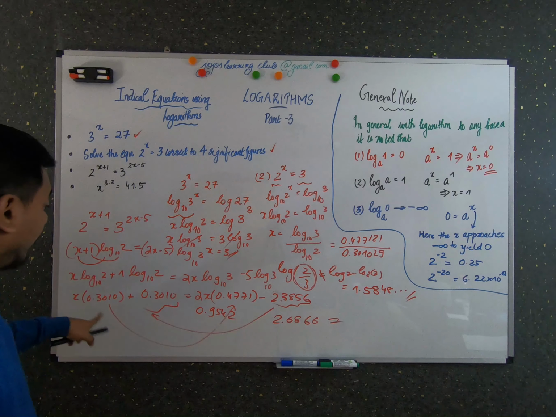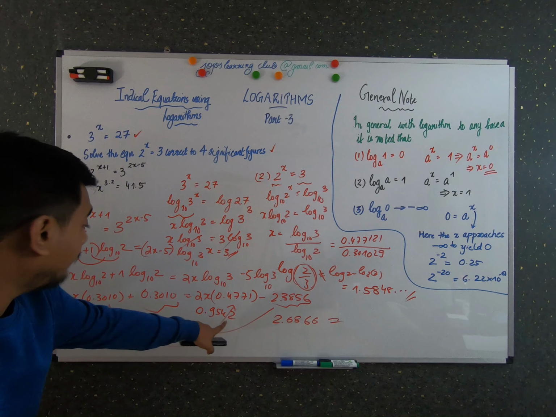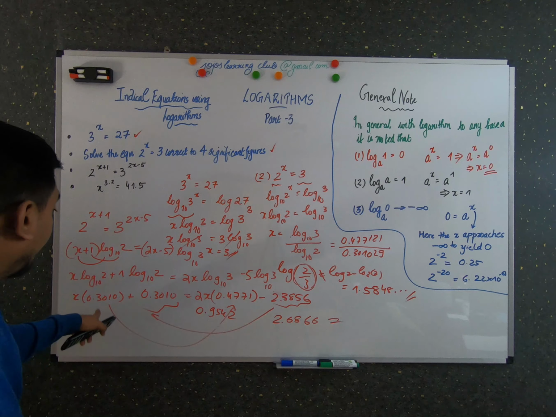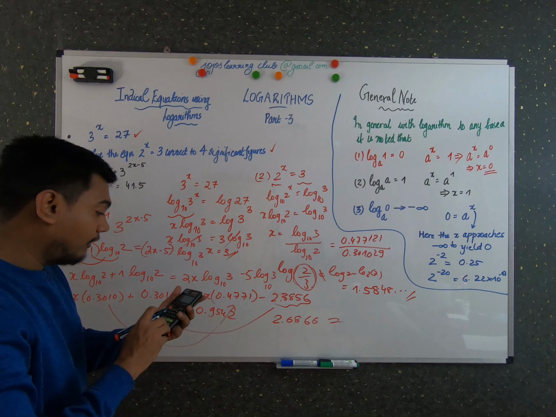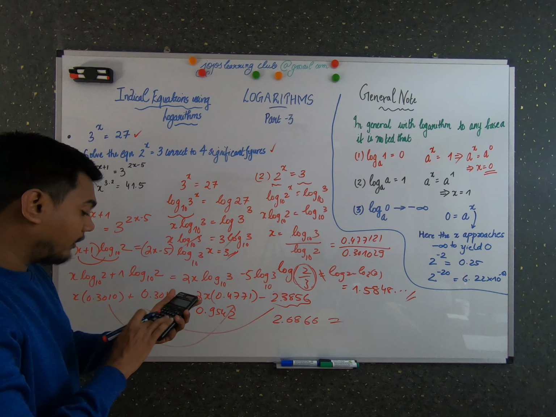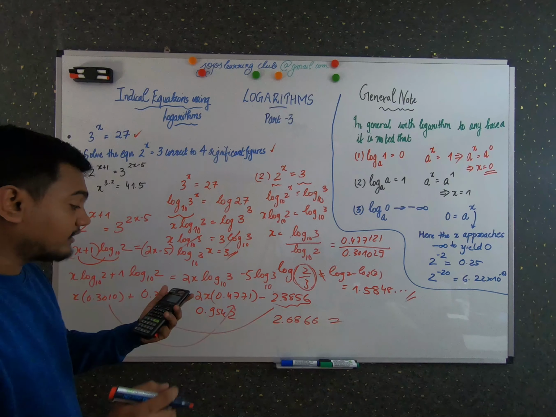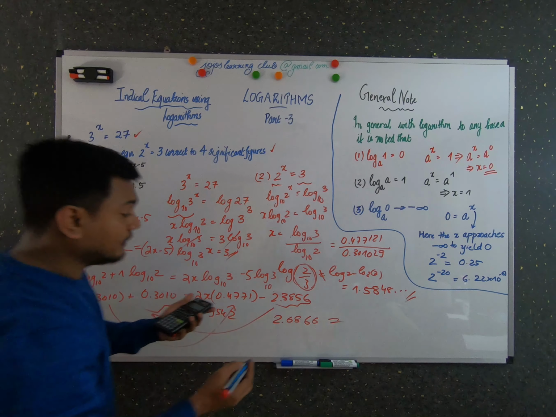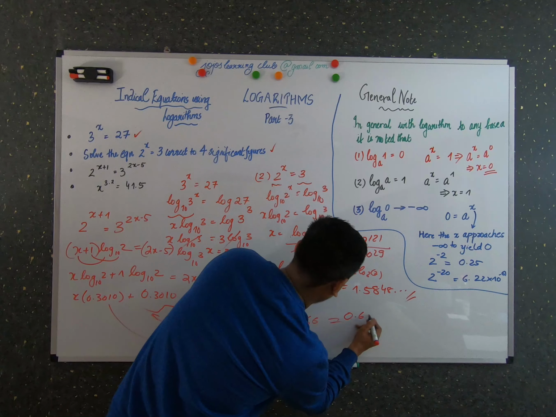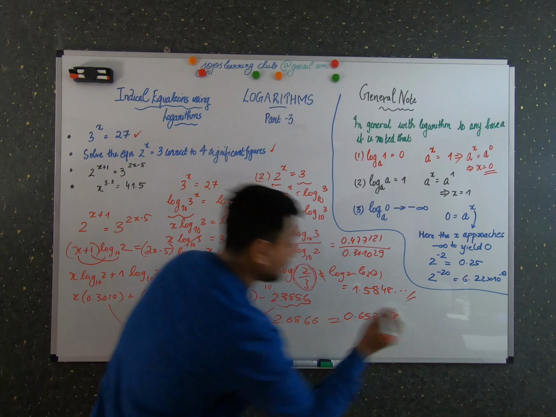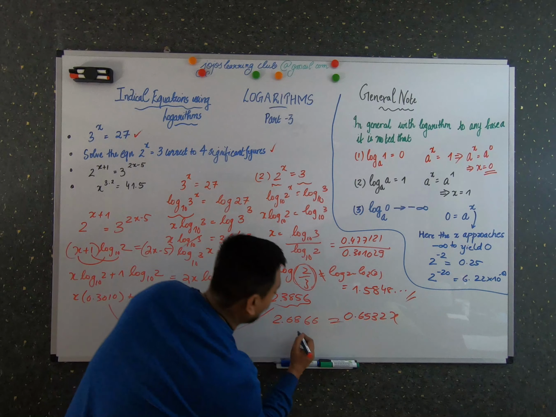So what you have to do again? You just have to take this to this side of the equation. Then 0.9542 minus 0.3010. So what is it? It is 0.6532x.